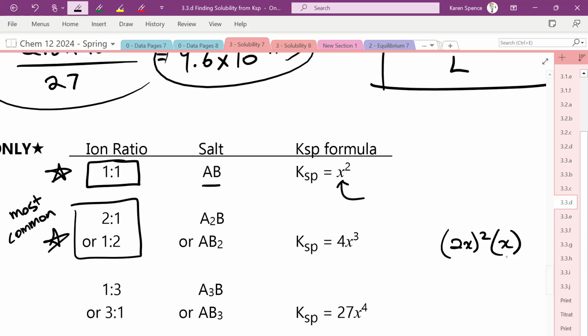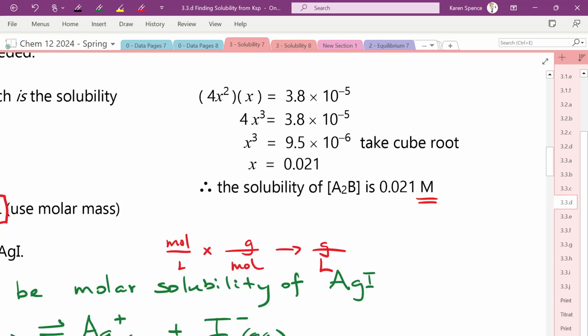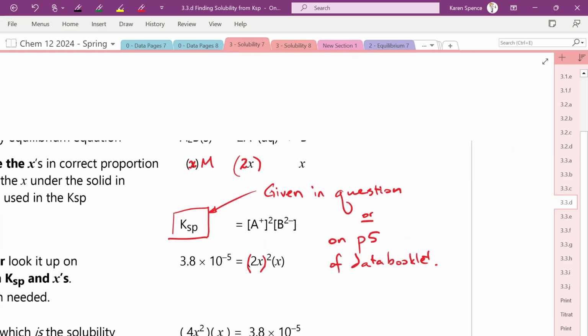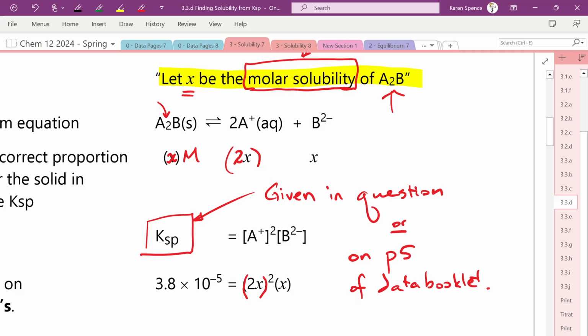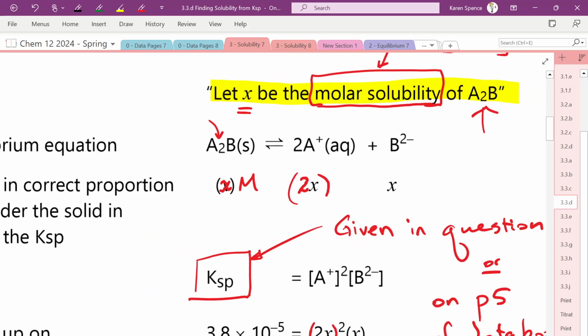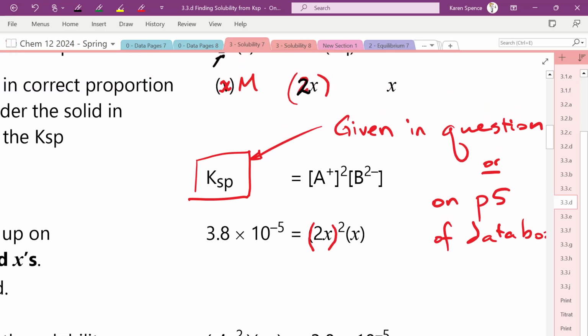Okay? And if you're having trouble seeing where that came from, you can always go back and say, okay, I want an A to B example. Oh, I've got an A to B example right here. So on my first page, when I have A to B, I end up with a 2x and an x. I square the 2x, and I have an x.